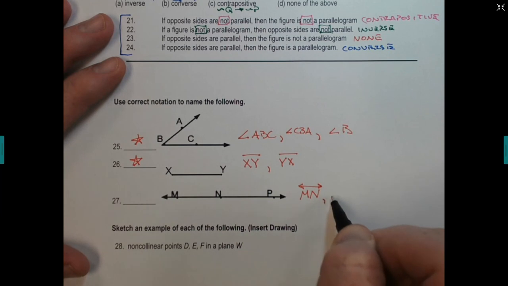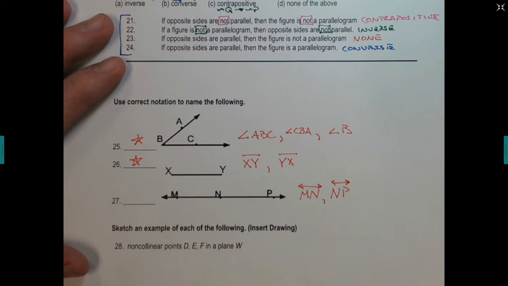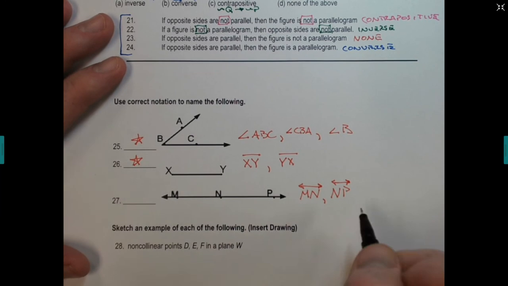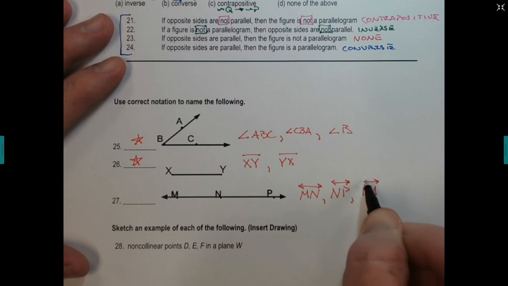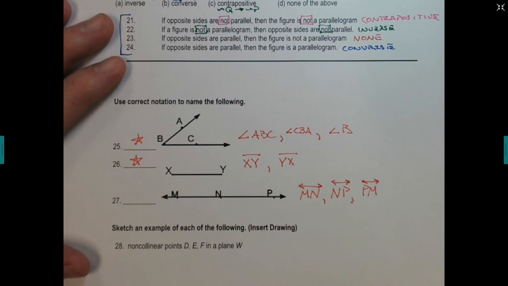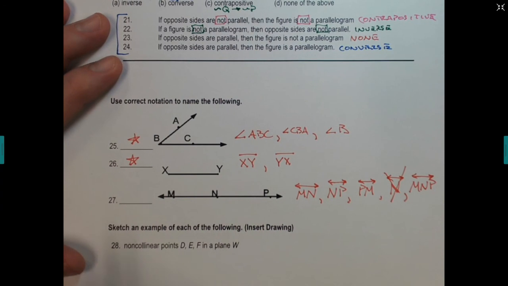Can I call it line NP? Yes. What about PM? Yes. Can I call it line N? No. Correct. Can I call it line MNP? Yes. Sorry, you were doing great right until then.